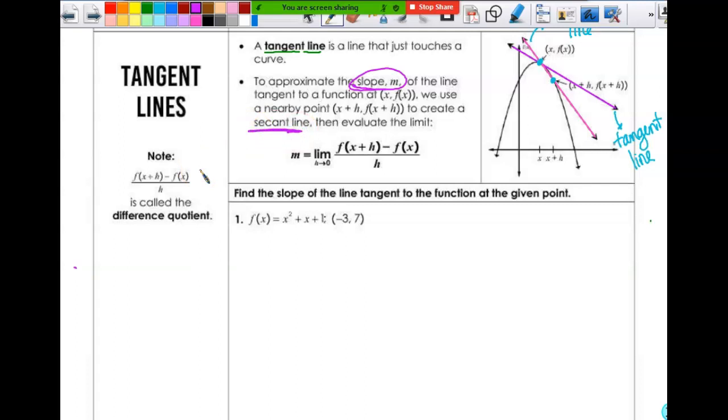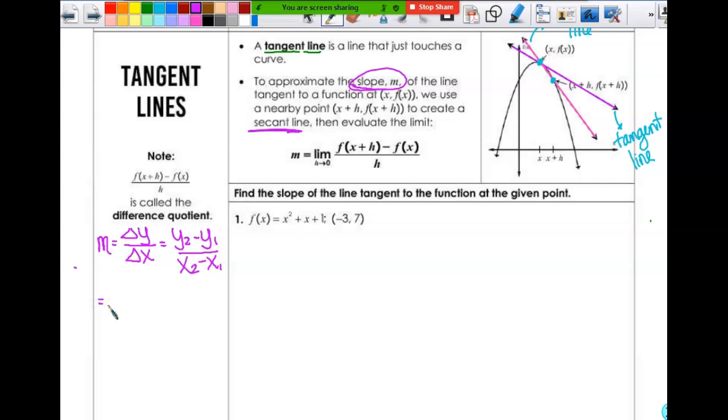So let's talk about why that works, and this isn't just a bunch of mess that somebody decided to make up. The big boy and girl way to talk about slope is delta y over delta x, right? Change in y over the change in x. Most likely the first way you learned it was with the actual formula, which is y2 minus y1 over x2 minus x1. All that should look familiar. If it doesn't, I'm very worried for you, because I know it should at least look familiar.